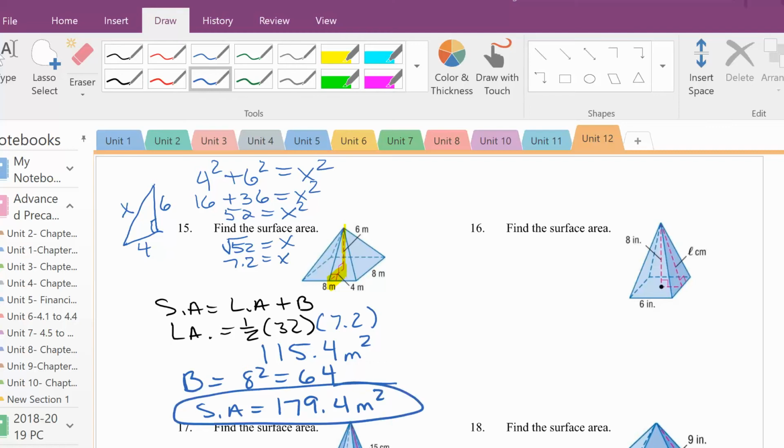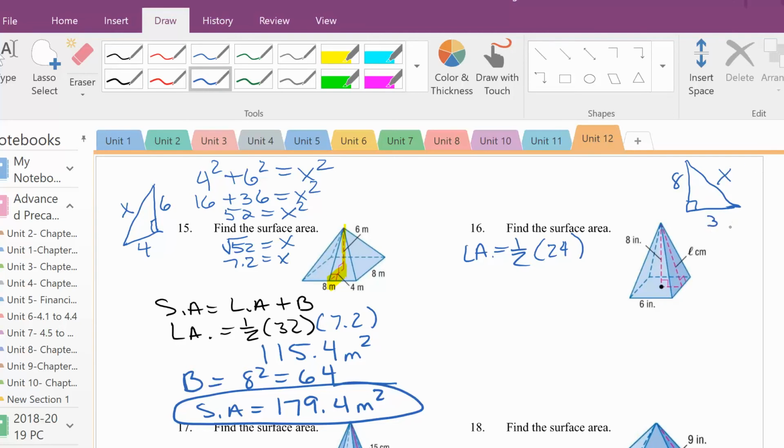All right, so the same concept here for number 16. The lateral area is 1/2. Well, the perimeter is 24 because it's 4 times 6. But you need to find the slant height, and you have a right triangle here, 8, and then half of 6 is 3.